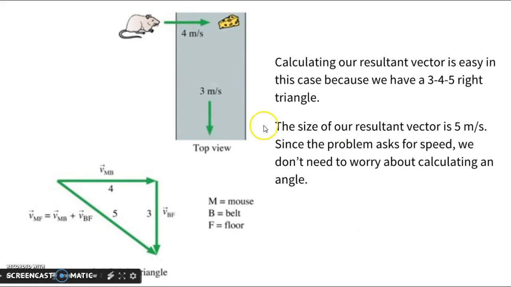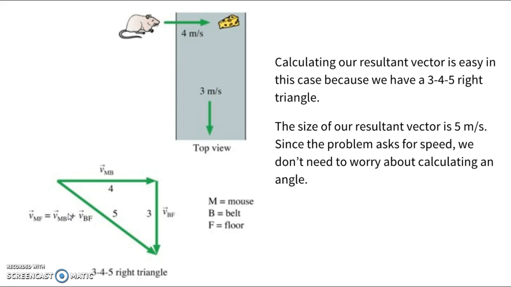The mouse is moving 4 meters per second to the right, and the conveyor belt is moving down at 3 meters per second. Using the Pythagorean theorem, or you could also just realize this is a 3, 4, 5 triangle. That's the fastest way of looking at it. Since it's a 3, 4, 5 triangle, our speed is going to be 5 meters per second.